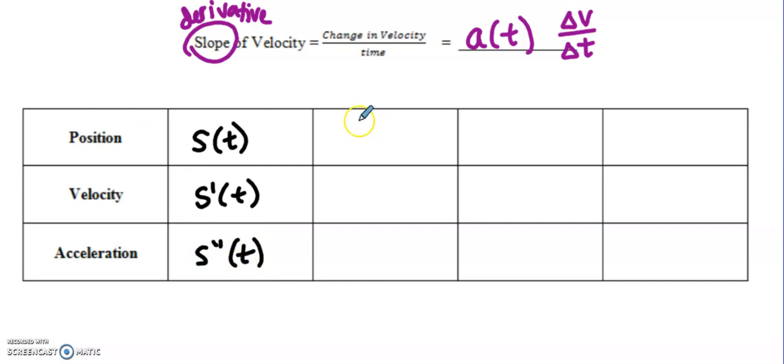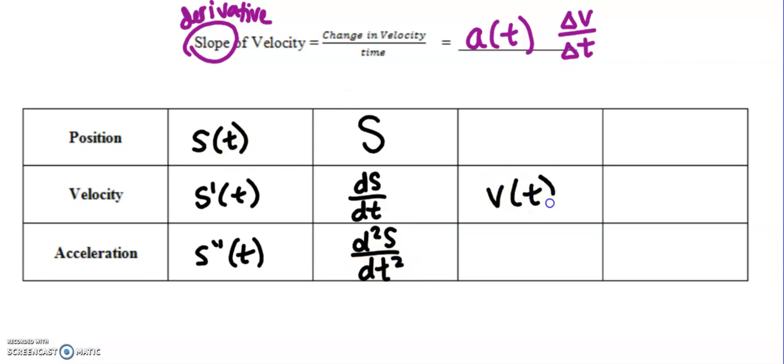We could also say that position is just called s, in which case velocity would be ds dt, and acceleration would be d squared s dt squared, the second derivative. Okay, well then even more so, another way we talk about velocity is v of t, in which case acceleration is v prime. And another way we can talk about acceleration is just a of t.